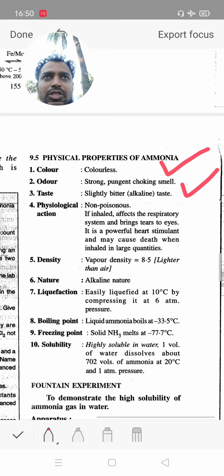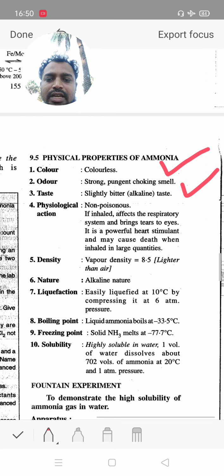And liquefaction: ammonia is a gas, it is liquefied, converting into liquid, and is easily compressed. And solubility: it is highly soluble in water.